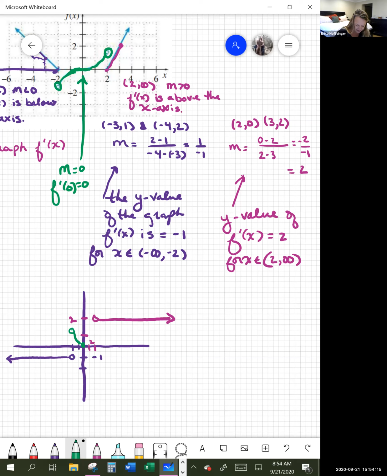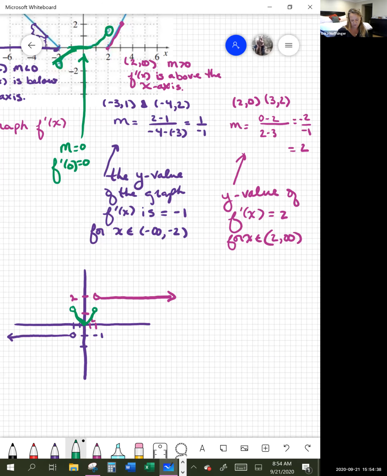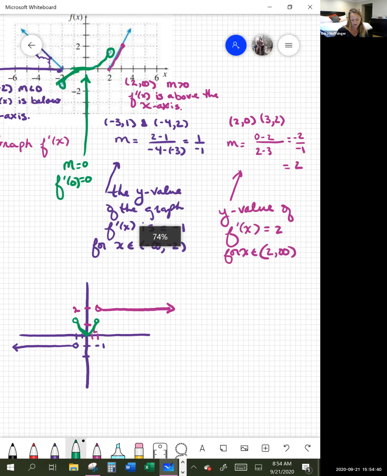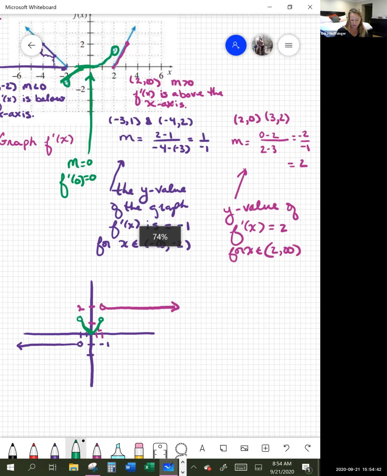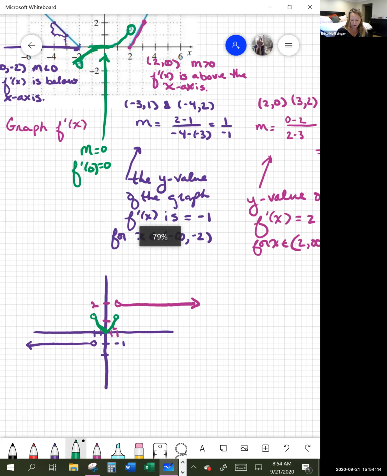We're going to come down, we're going to hit this, we're above the x-axis, and then we're going to have an open circle and come back up and hit it. So our slope here is steeper, and then it's leveling out. So that's what the graph of our derivative function would look like.